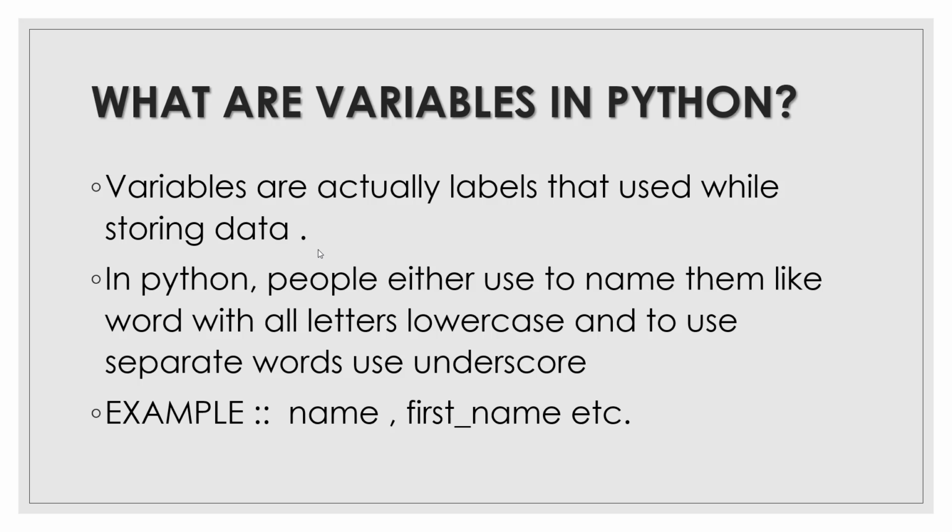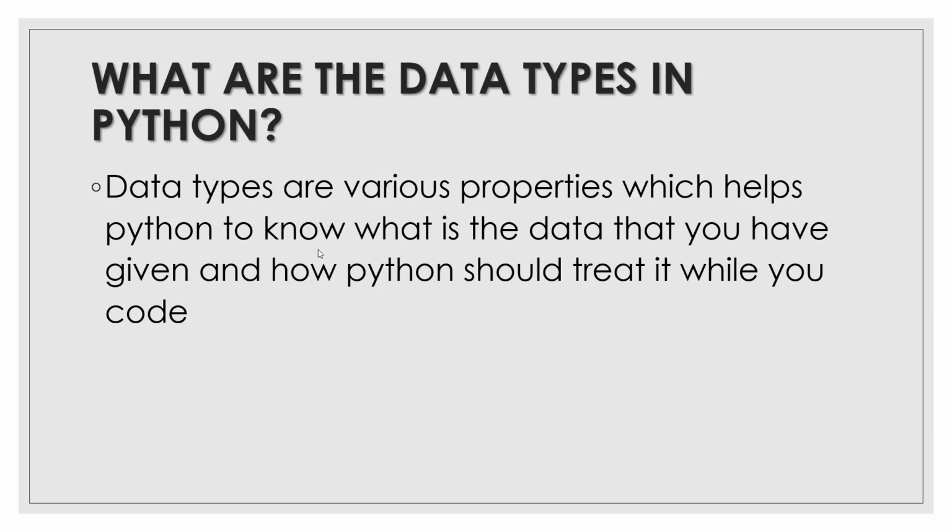Also, while naming your variables, they should all be in lowercase letters. And suppose we use two words like first name, last name, then we need to use first underscore name, as you can see in the example. You will see how to name a variable in just a few seconds, as I am going to implement it for you.